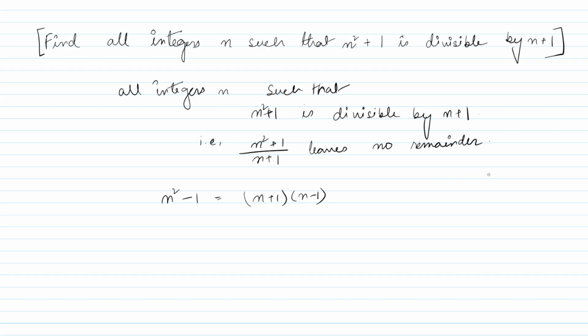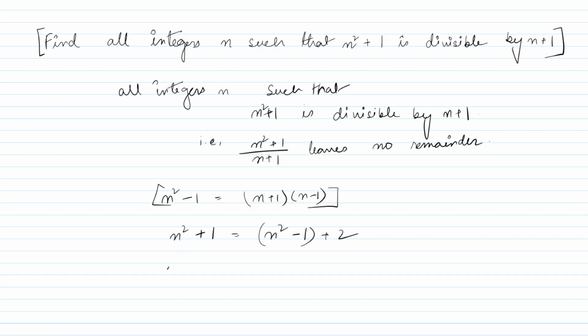So n squared plus 1 can also be written as n squared minus 1 plus 2, and we substitute the value of n squared minus 1.